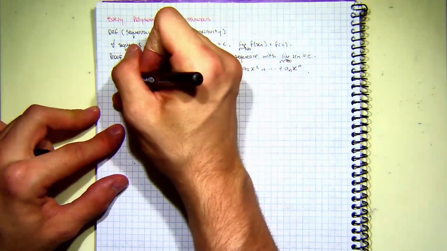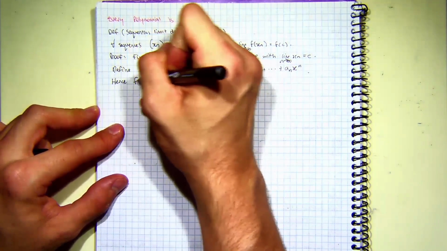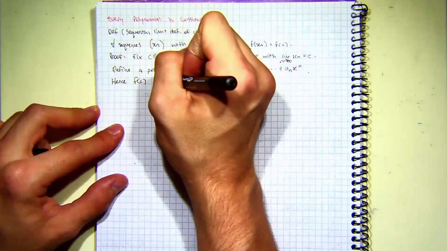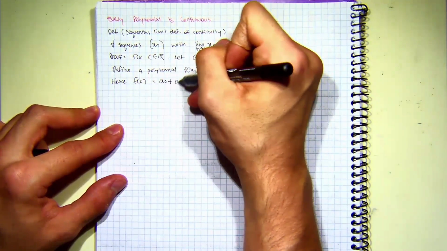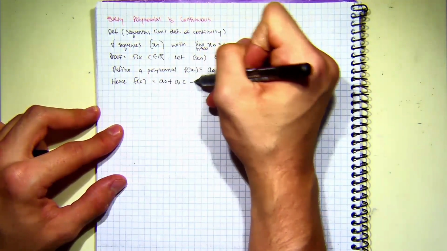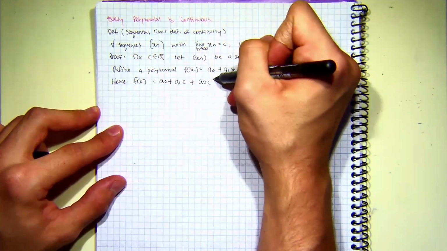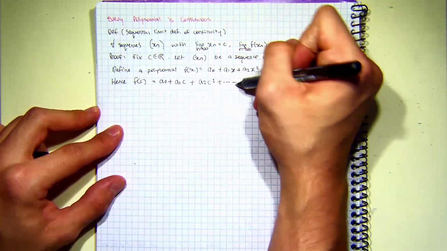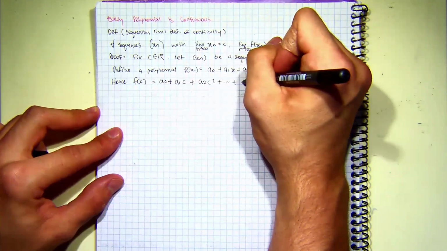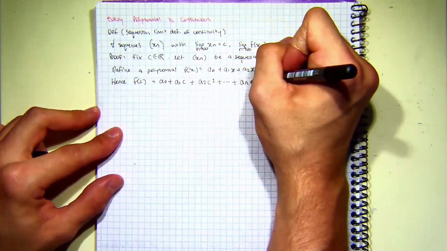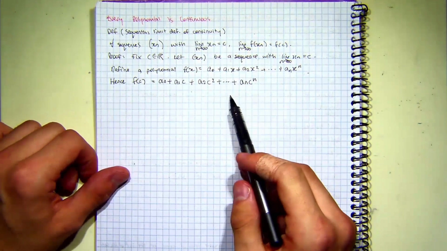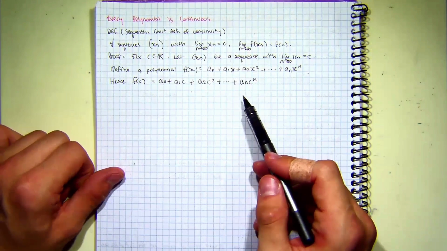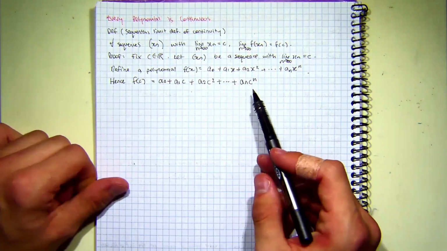So for f of c, this will become a0 plus a1c plus a2c squared plus the remaining parts of the polynomial up to an c to the power of n. Okay, so that's just from our defined initial conditions.